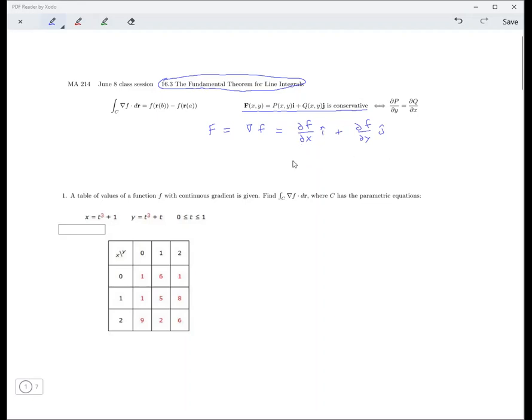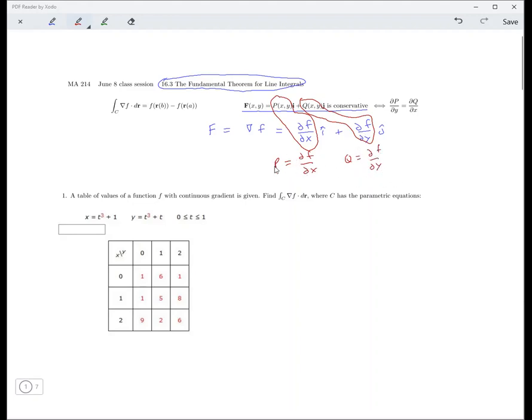But F is also P of x,y, Q of x,y. So equating these, those are equal to each other. In other words, P is the partial of f with respect to x, and Q is the partial of f with respect to y.